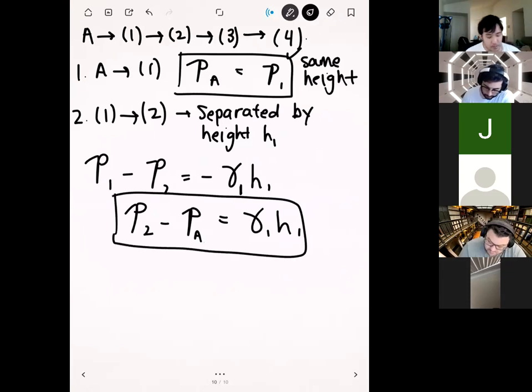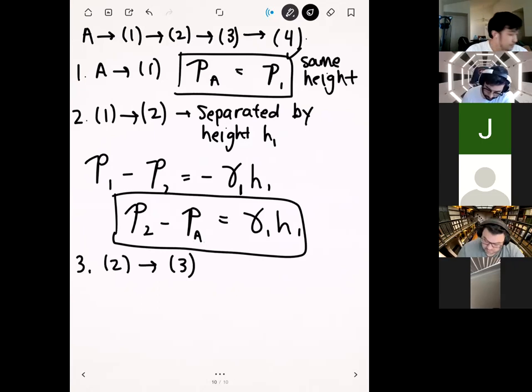And now we have this expression as we go from point 1 to point 2. Remember, since we dropped a height of h1, we have to account for that pressure difference, and that's what we did in this part.